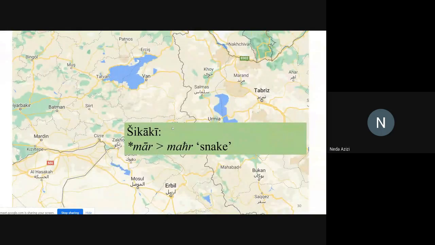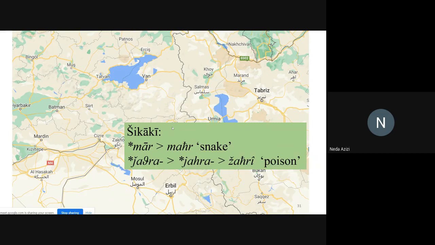Here, specifically, as we see in the slide, there is a phenomenon in contact with Mukri and Northern Kurdish, known as Kurmanji dialects, which also present similar behaviors and characteristics. For example, in Shikaki, a northeastern variety, they pronounce mar as mahr. So they use the h form.